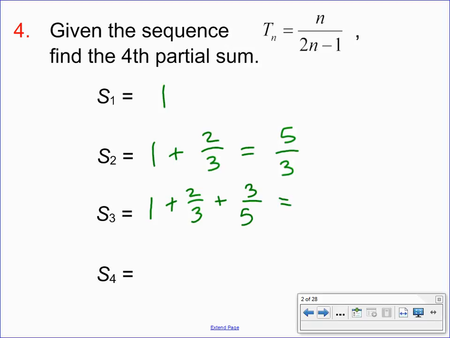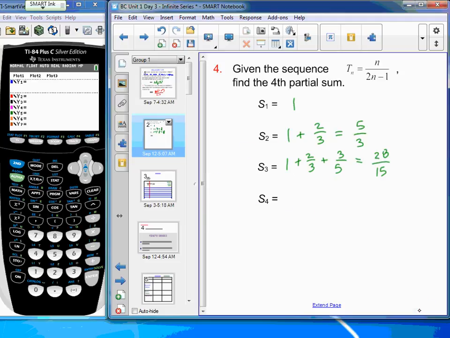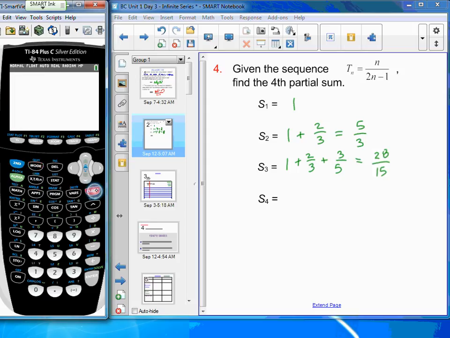That would be 25/15 plus 9/15, so is that 28/15? Are you guys getting that? 28/15? Let me do it with the calculator. I'm bad with numbers. 34/15? Oh, good. Good catch. Thank you.